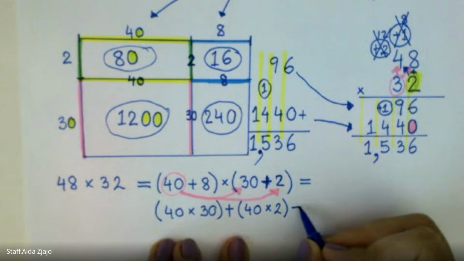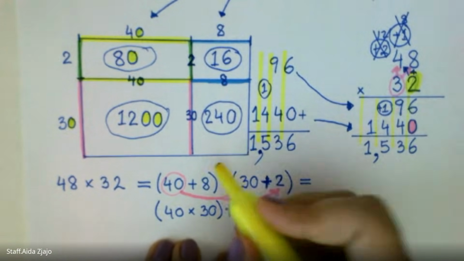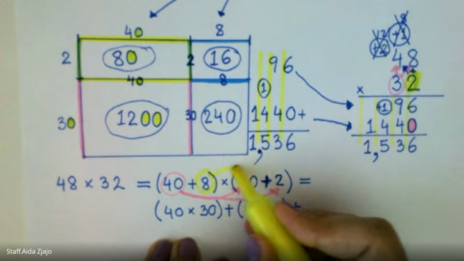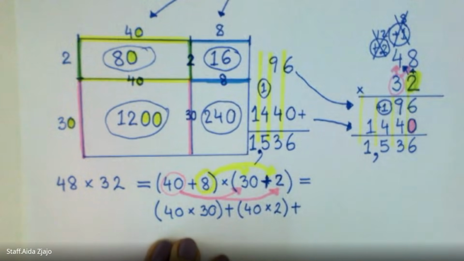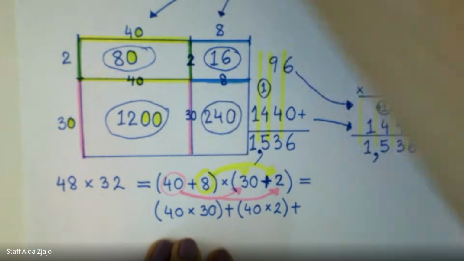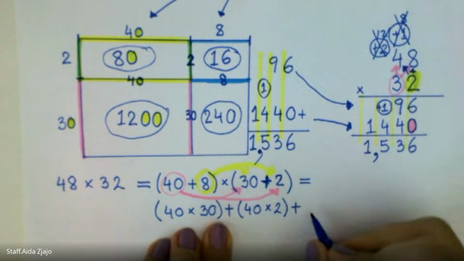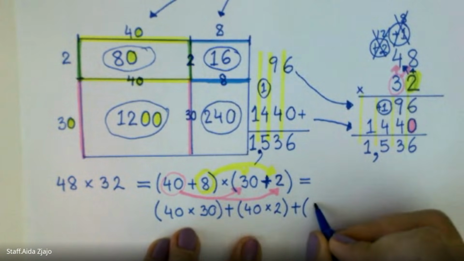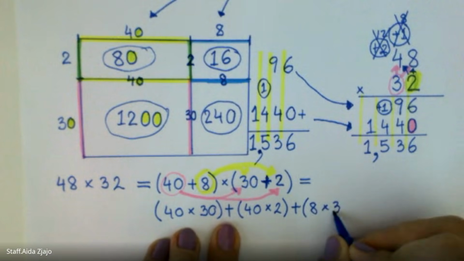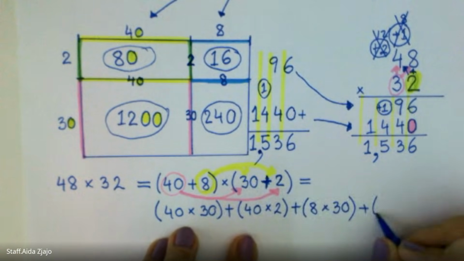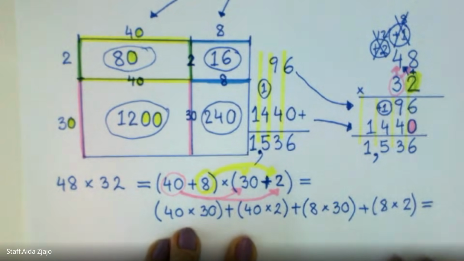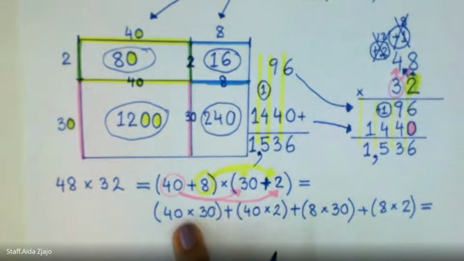I'm also going to add now 8 times 30 and then 8 times 2. So now when I do that, I can see open parenthesis 8 times 30 plus 8 times 2. Now I need to solve each product here in parentheses.